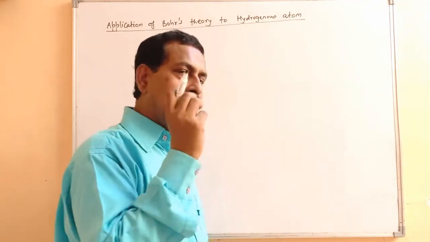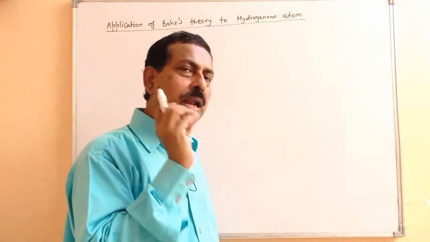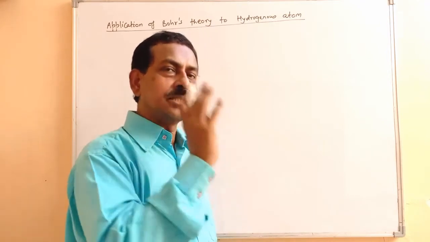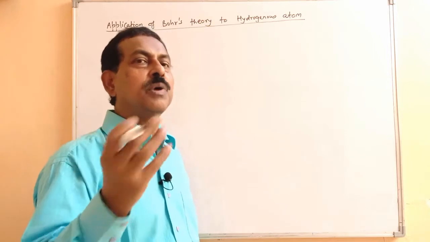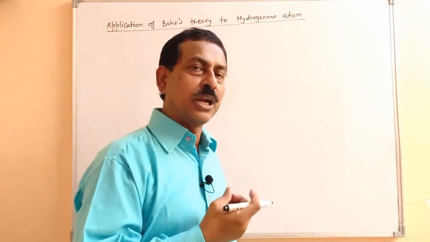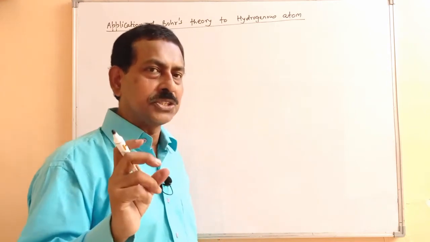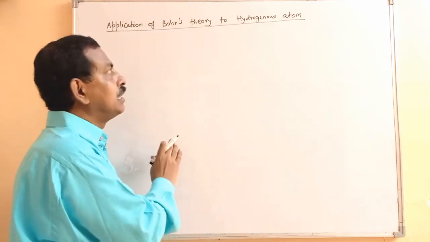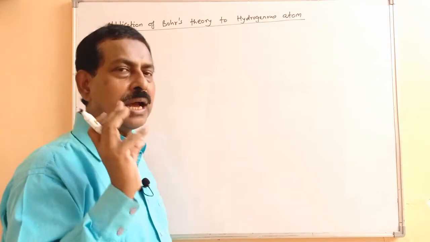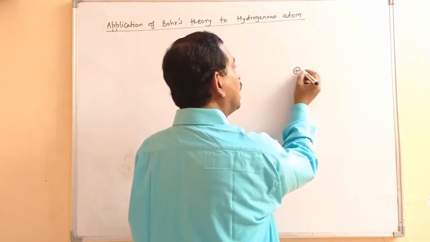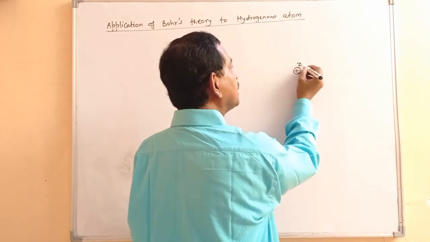As long as you are applying it to a simple atom similar to hydrogen, the results will be almost the same as the actual values. For more complex atoms there may be variation. So we are applying it to simple hydrogenous atoms. Suppose we have an atom whose atomic number we take as Z.